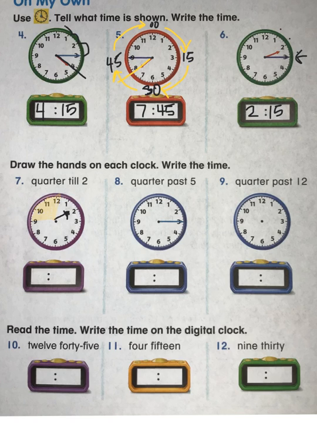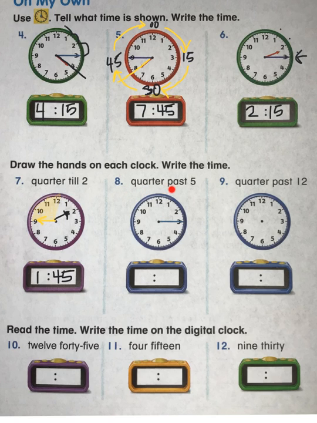That means I would have to write my minute hand pointing at the 9. Because in 15 minutes, it will be 2 o'clock. So if I'm writing it down here on my digital clock, the hour would be 1. It's not 2 o'clock yet. And the minutes would be 45. Okay?